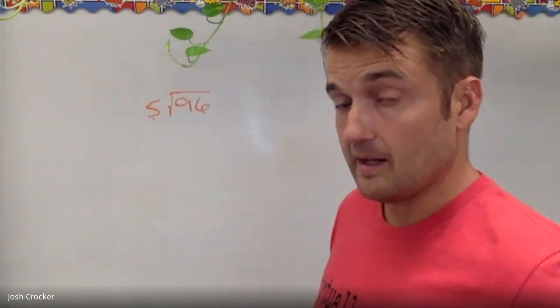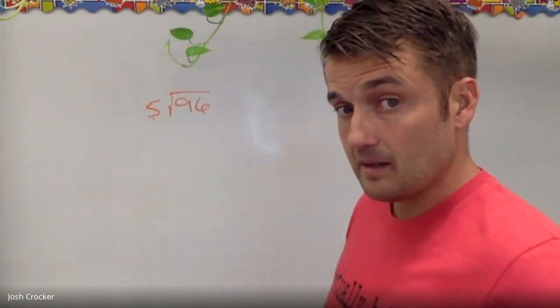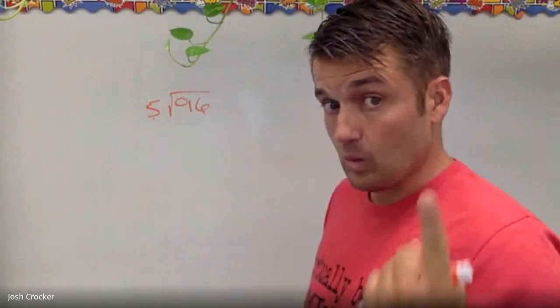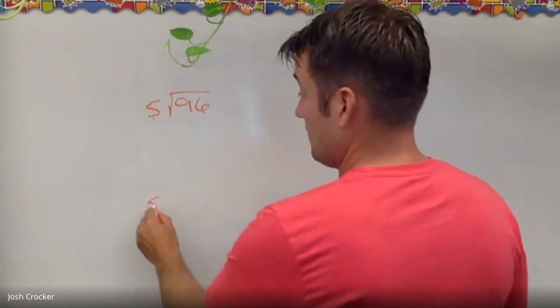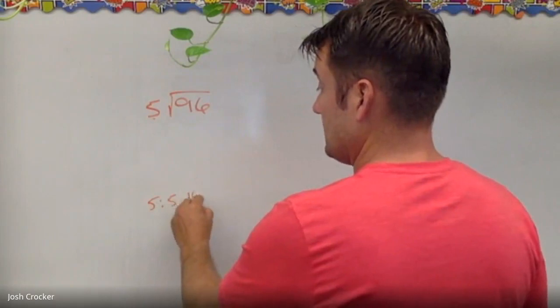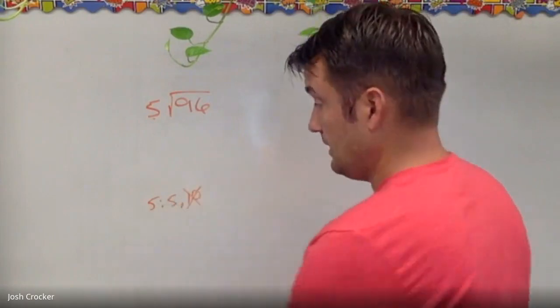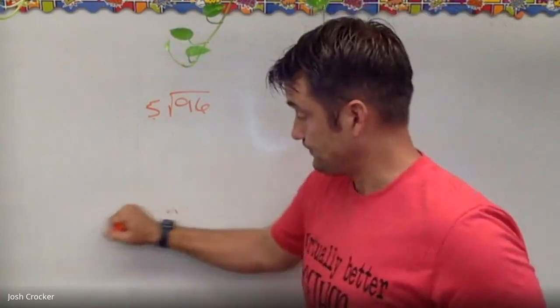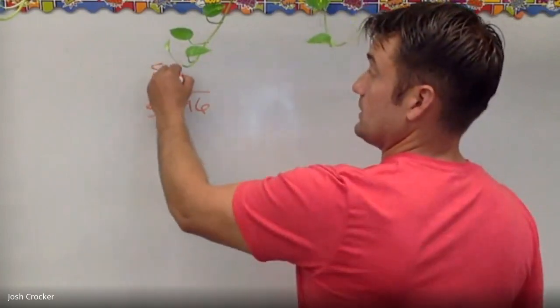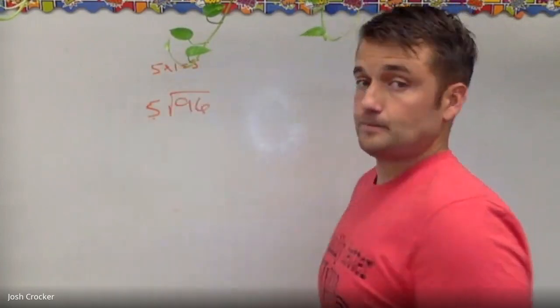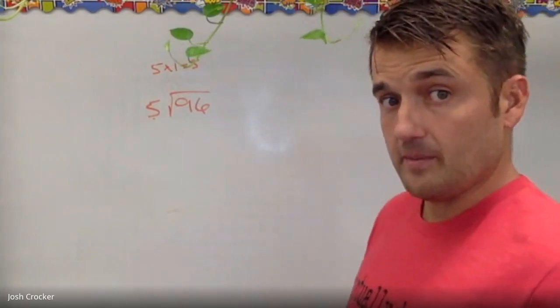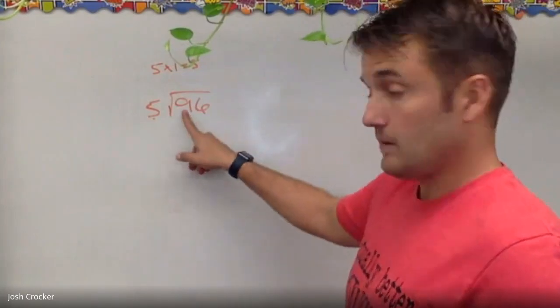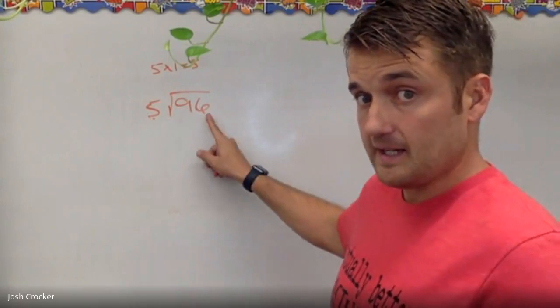If you have 9, how many groups of 5 can you make? The answer is just 1, right? Because if I count by 5s, it goes 5, 10, I'm over. So it's just times 1. So I know I'm using 5 times 1 is 5. That's the fact that I need to keep in my head. I'm just going into the 9, not the 96.